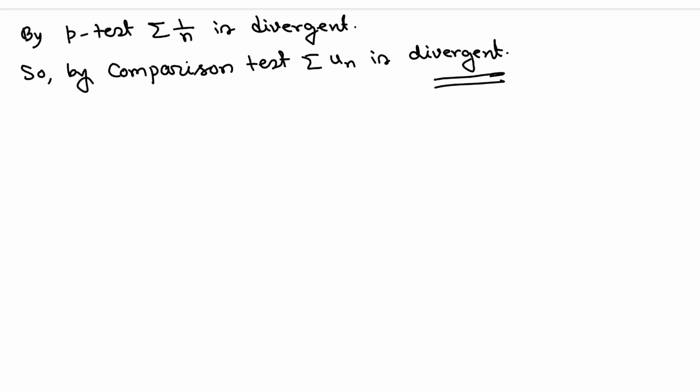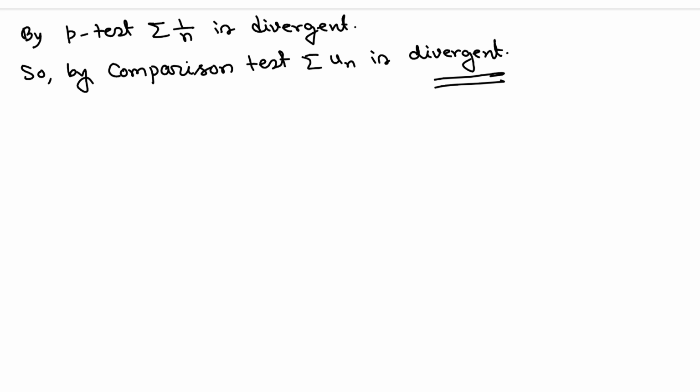Similarly, if the degree of denominator is less than the degree of numerator, then you have to choose the n power of vn on the numerator. Clear? Very simple.